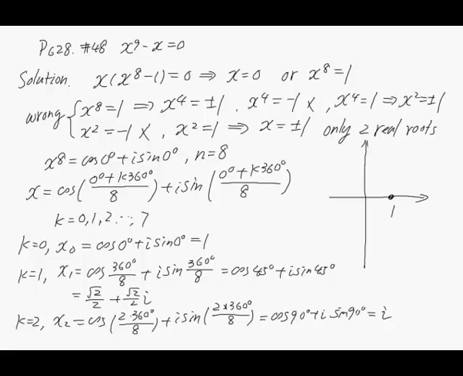Now let's move to the next page to find the fourth root, when k is equal to 3. So we have x sub 3 equal to cosine of 3 times 360 degrees divided by 8, plus i times sine of 3 times 360 degrees divided by 8, and then simplify.